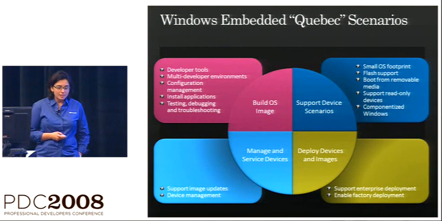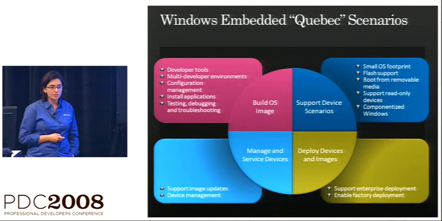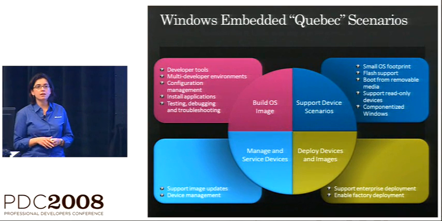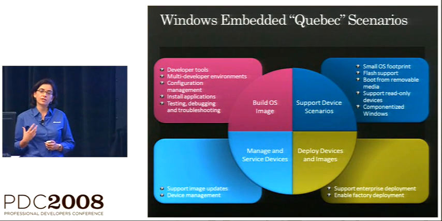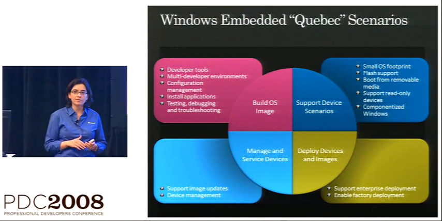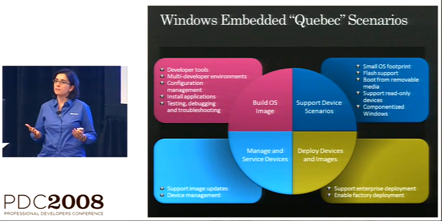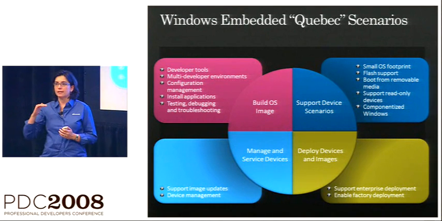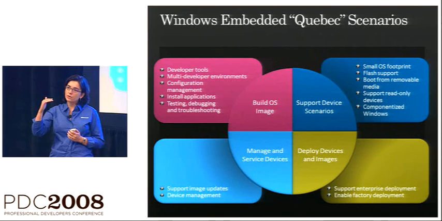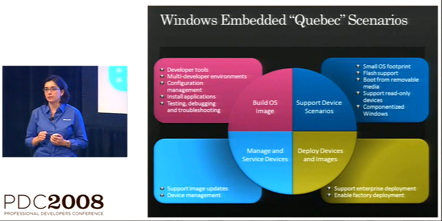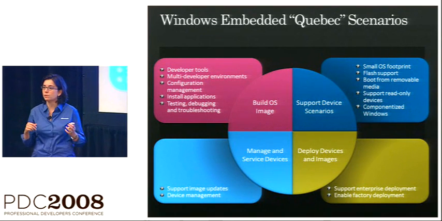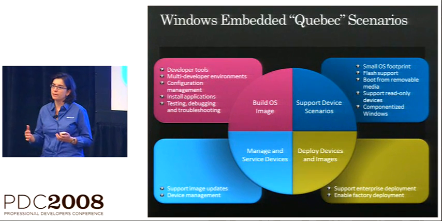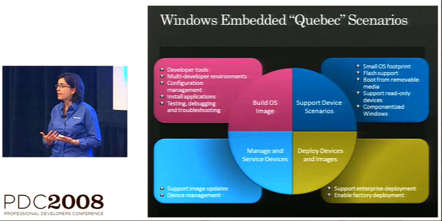Okay, so let's talk about Windows Embedded Quebec high-level scenarios. If you think of the life cycle of device development, you first obviously need to build an OS image for your device and build an application for it. And you have to go through a set of rigorous engineering steps to achieve that. You need to have a set of developer tools. Sometimes you need to support a multi-developer environment. You need to integrate with configuration management.